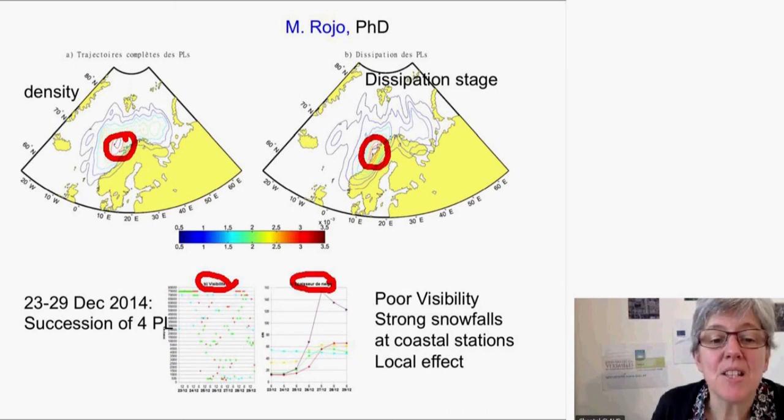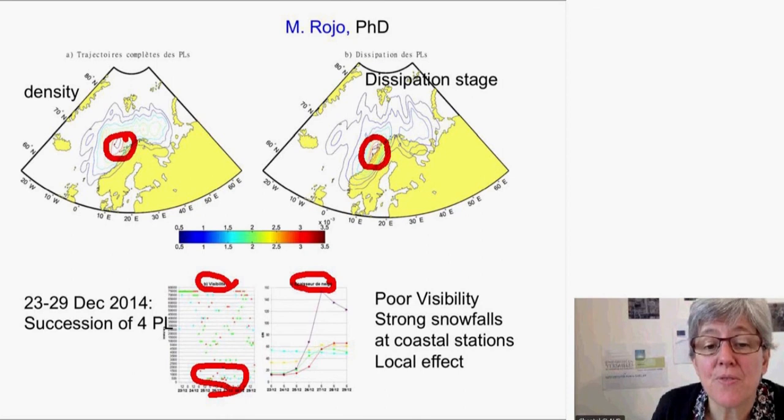I cannot go too much into the details, but associated with these 4 polar lows, you have periods of very, very low visibility here. And you also have at some stations very significant snowfalls. And you have a station which is a little bit more into Norway here, which sees less snowfall.